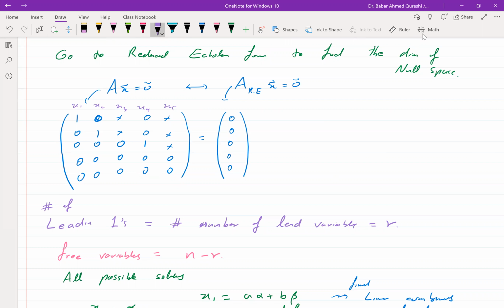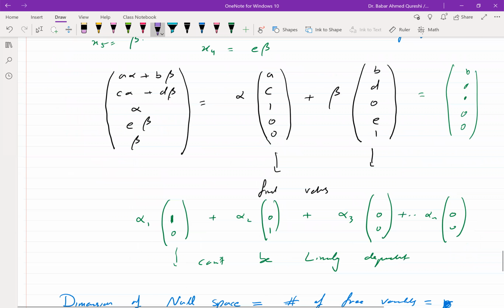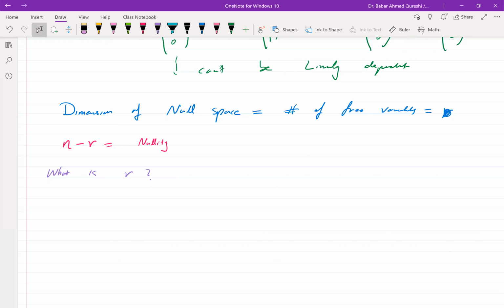Each leading one will lead to a non-zero row, and the rest of the rows will be zero rows.